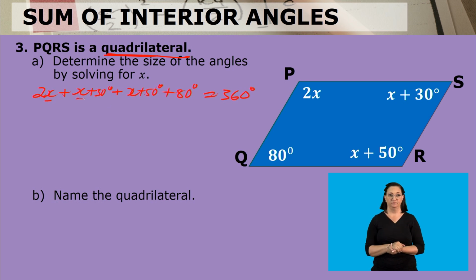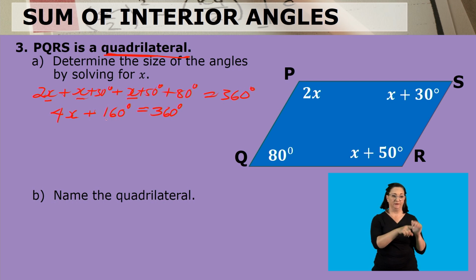And then we add the x's together. There's an x there, and x there. So 2x plus x plus x is 4x. And then we have three angles as well, 30 degrees, 50 degrees, and 80 degrees, which when we add would give us 160 degrees, which equals 360. The additive inverse of 160 is negative 160.